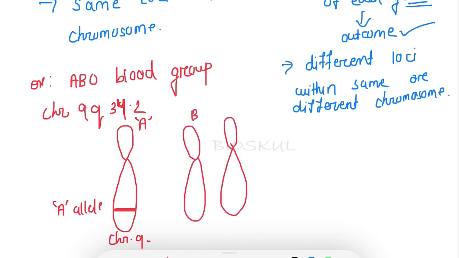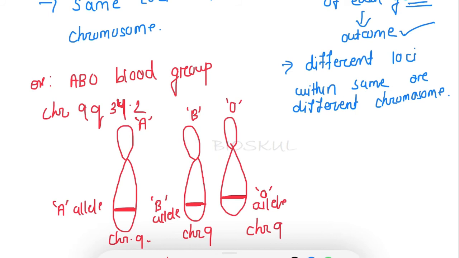Similarly, we'll draw this individual B and this individual O. Individual B has the B allele and it is located at the same location, that is on chromosome number 9. Similarly, the O individual has the O allele on the same loci.